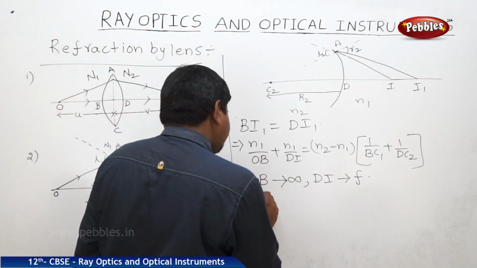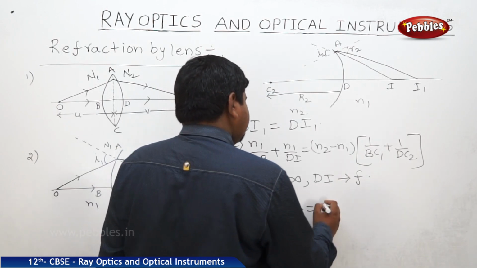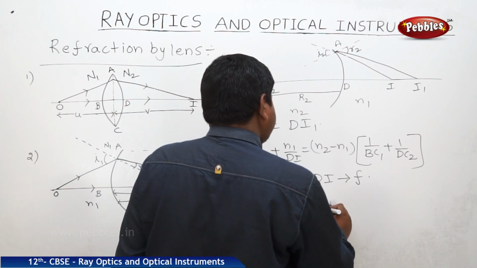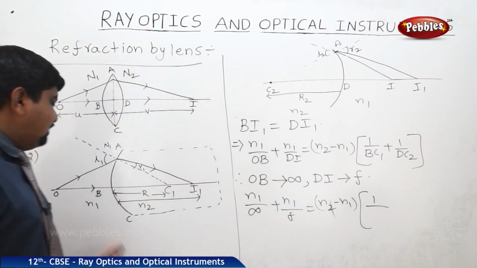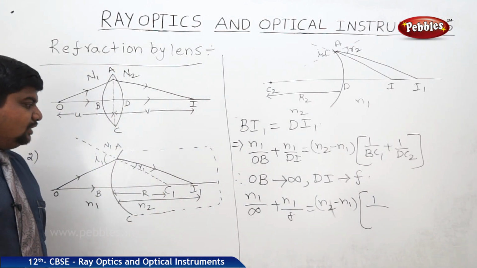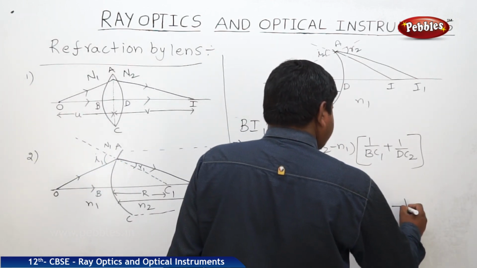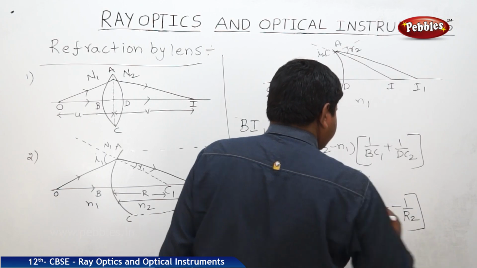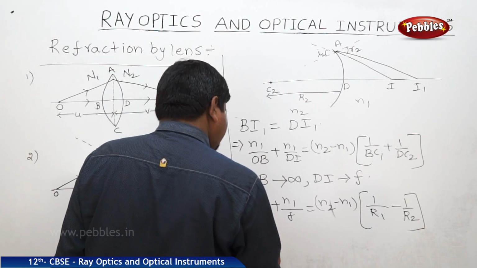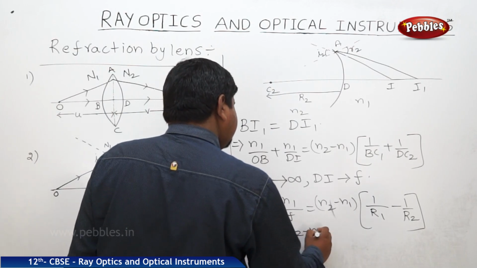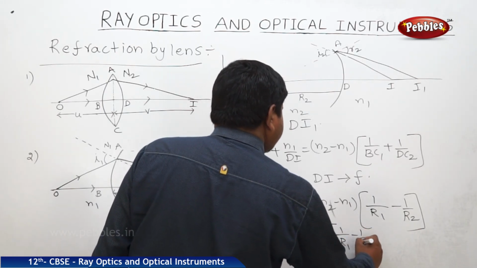Therefore, n1 by infinity plus n1 by f is equal to n2 minus n1 into 1 by, what is BC1, R1, and what is DC2, minus R2. So this n1 by infinity will become 0. Therefore n1 by f is equal to n2 minus n1 into 1 by R1 minus 1 by R2.